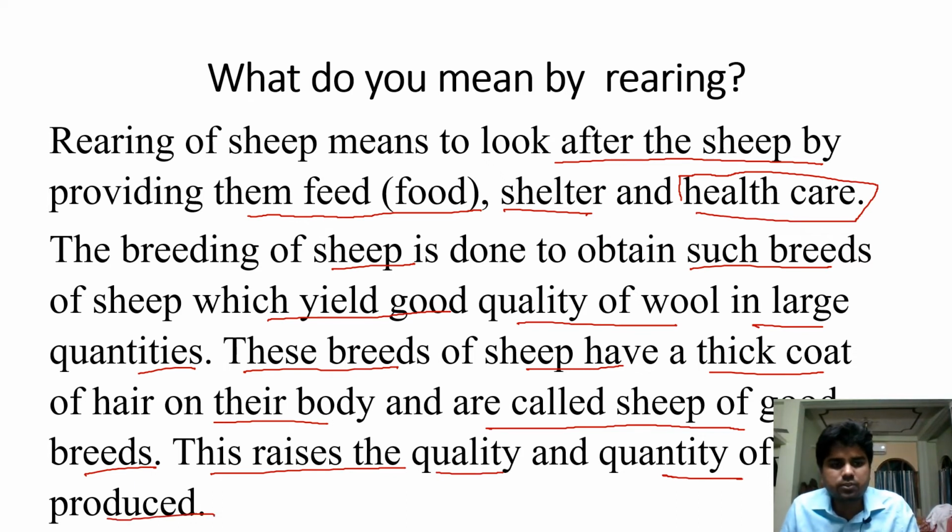This is a very simple thing that we have already studied, that different types of sheep have different types of wool on their body. Some may have thick quality, some may have thin quality, some may be furry type. So on rearing different types of sheep we will get different quality of wool.